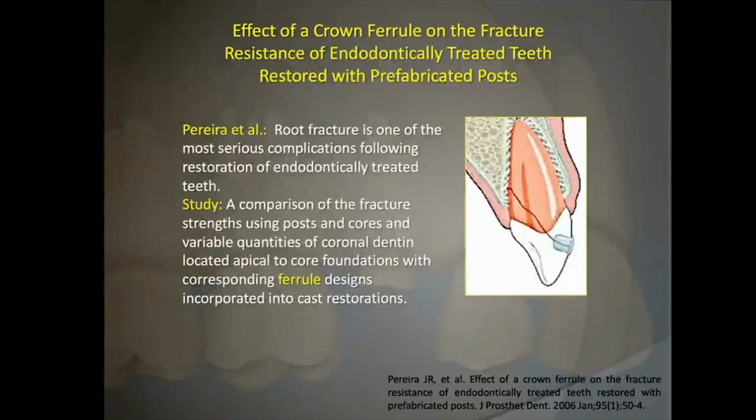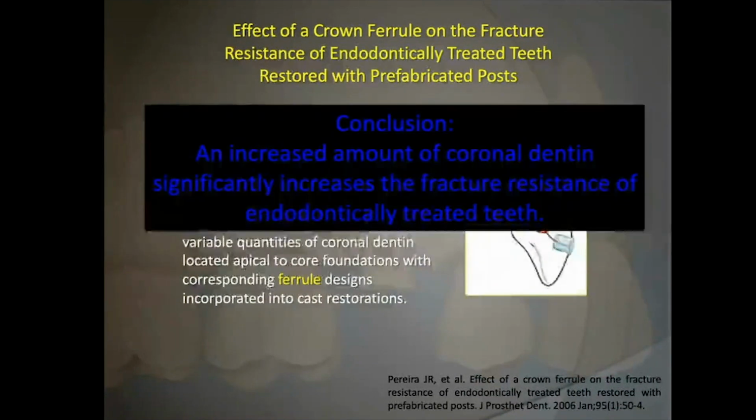In his study, he did a comparison of the fracture strengths using posts and cores and variable quantities of coronal dentin located apical to core foundations with corresponding ferrule designs incorporated into cast restorations. His conclusion was that an increased amount of coronal dentin significantly increases the fracture resistance of endodontically treated teeth.